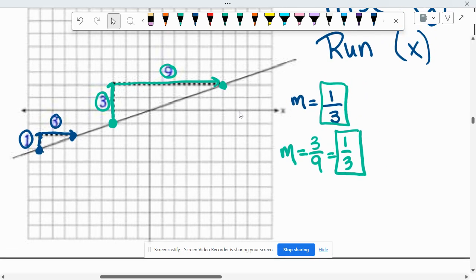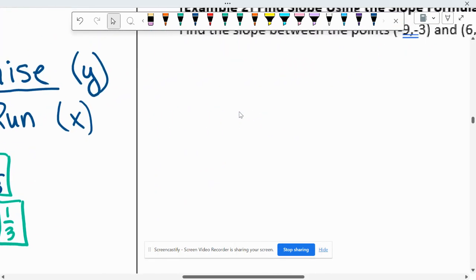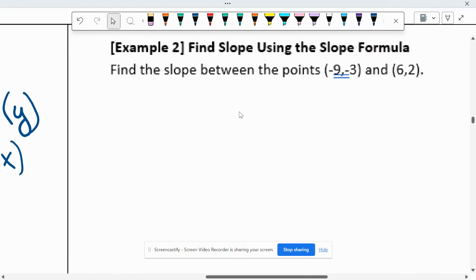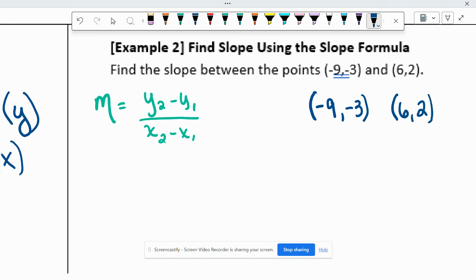And then we're going to use that formula. We're going to take 2 ordered pairs in our next example, and we're going to use that formula. So m, which is my slope, equals y2 minus y1 over x2 minus x1. The first thing that I do is I write down my ordered pairs. So I have (-9, -3) and (6, 2), and I label these.